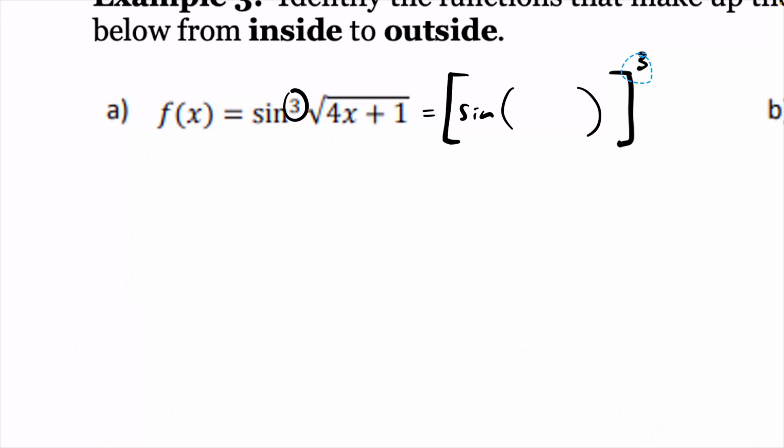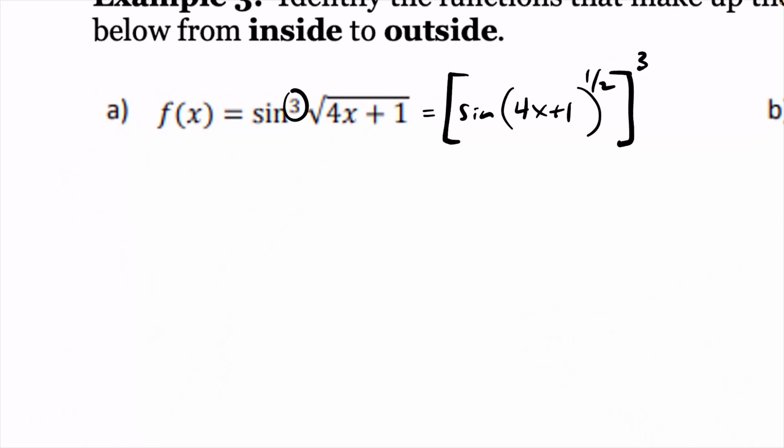And then 4x plus 1 has a power, a 1/2 power. Don't multiply the powers. Leave the powers alone. We're not doing any of that. We're just finding the outside and the inside and the inside. Okay, so here we go.